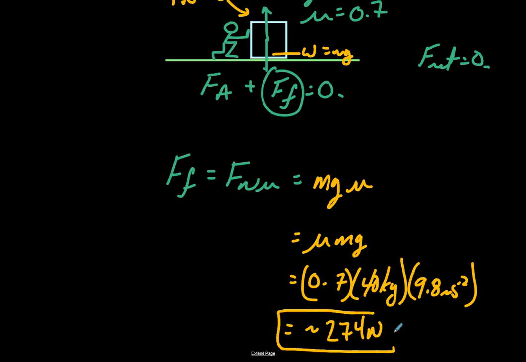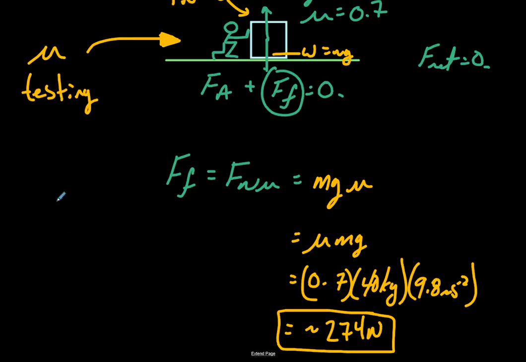So here's a question. How would I know the mu value in a given scenario? Do you think there's like a table I could go to look these things up? Exactly, you'd have to do it by testing. So in real life, you have to test two surfaces for the mu value.